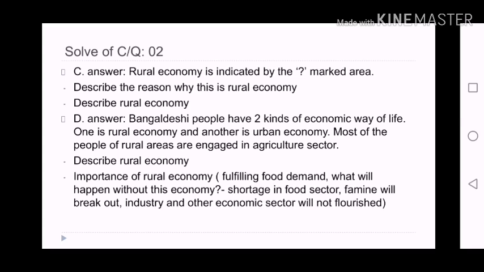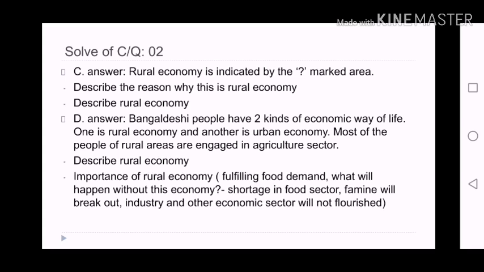So you have to start your answer by answering this specific question. It will give your teacher the idea that you have understood the question and you know what the question is demanding from you. So the rural economy is indicated by the question mark area.